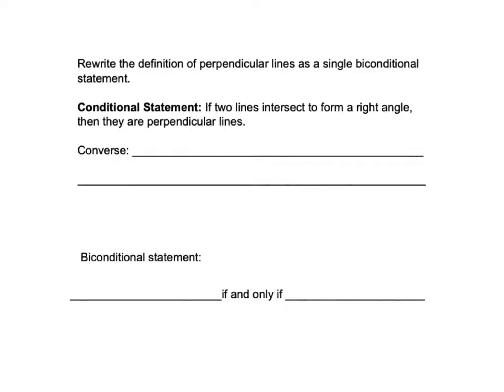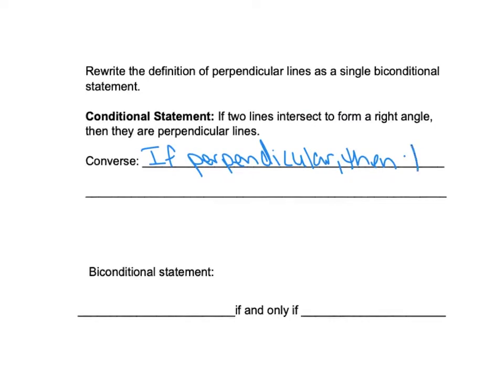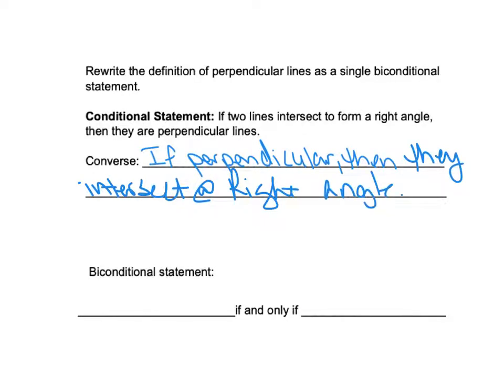The converse would just be flipping the order, and I'm going to make it a little shorter: if the lines are perpendicular, then they intersect at a right angle. Is that true? If they are perpendicular, that's pretty much the definition of it, that they intersect at a right angle, so that is also true.